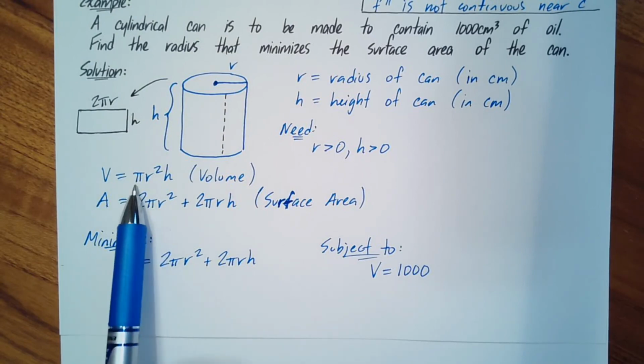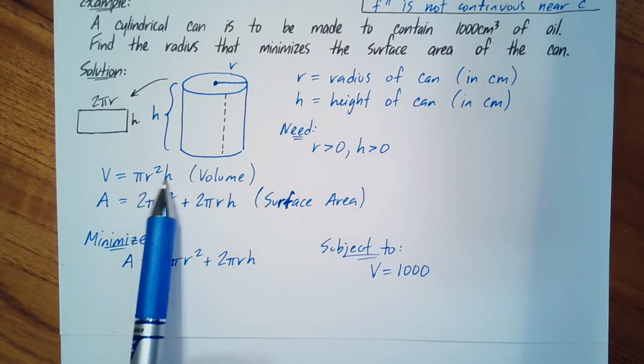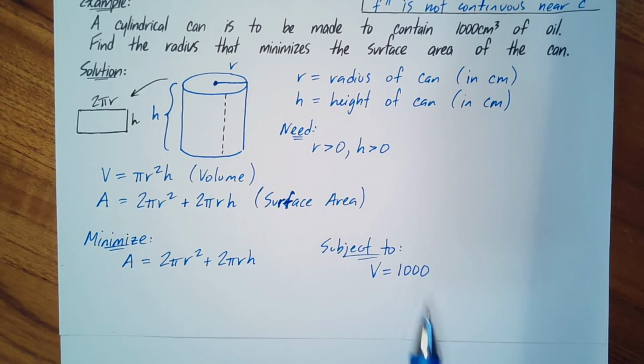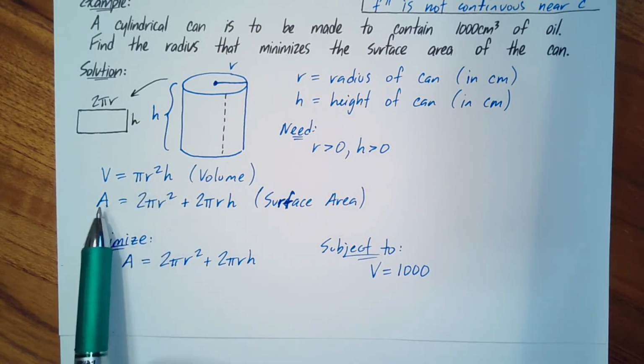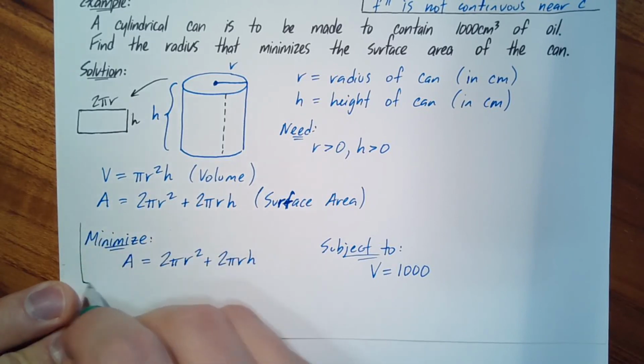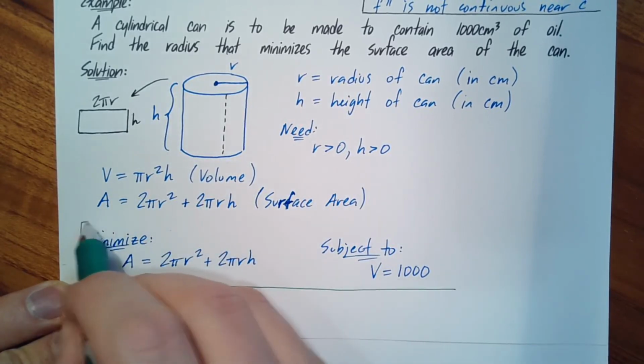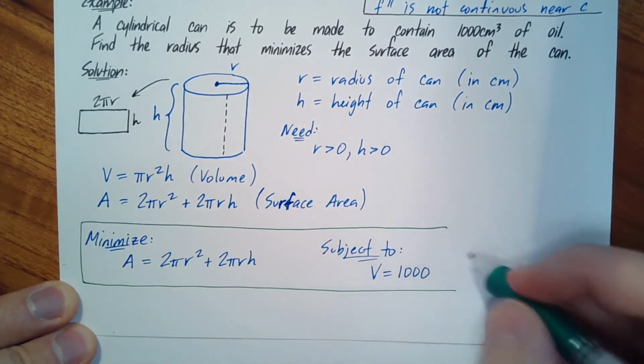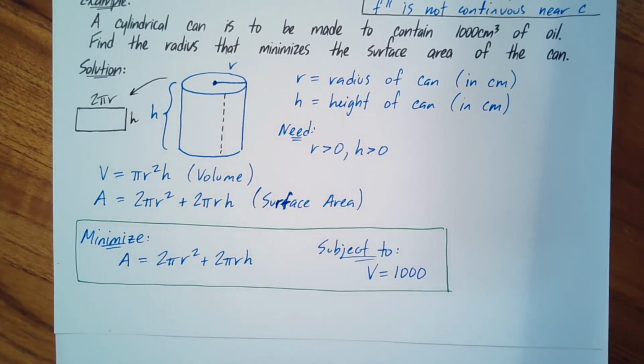Really what we're going to do is that's going to force pi r squared times h to be equal to 1,000, which is going to give us a relationship between r and h, and that's what's going to allow us to reduce A, the area, to be a function of a single variable, and that's what's going to allow us to actually solve this problem. So that's just roughly how this is going to go. We'll work out the details on the next page, but this is our optimization problem that we're going to solve now.